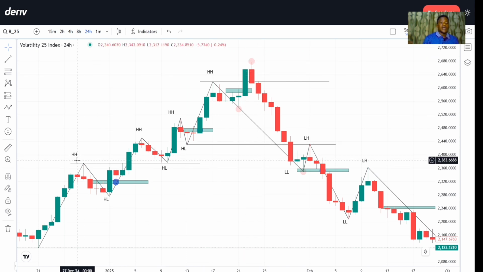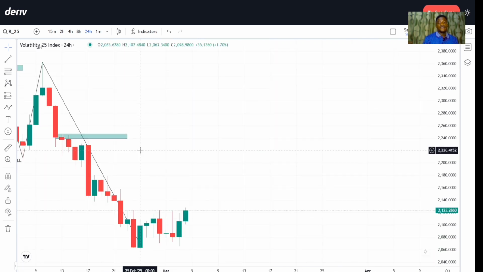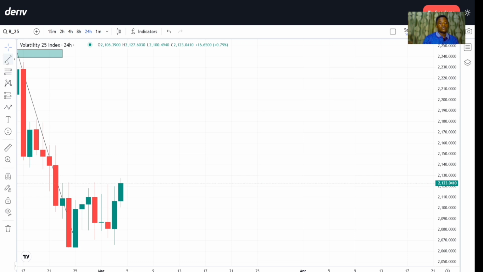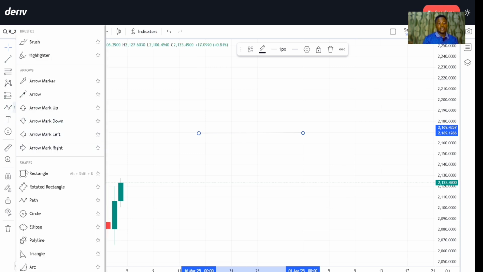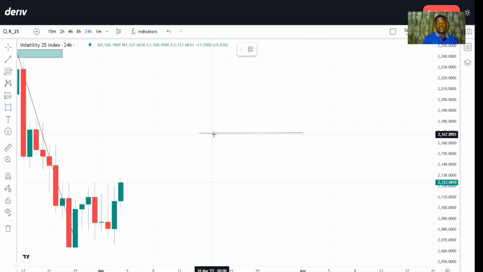As we have a high here, and after breaking this point, this higher high has been broken, we have a candle outside that zone, which makes it valid. If you want to name a higher high, you should make sure that high is not only higher than the previous high.